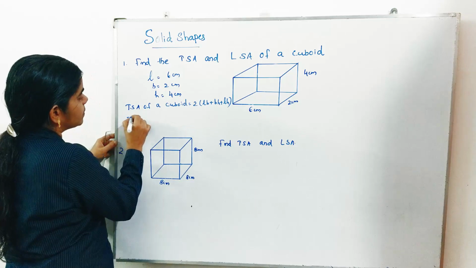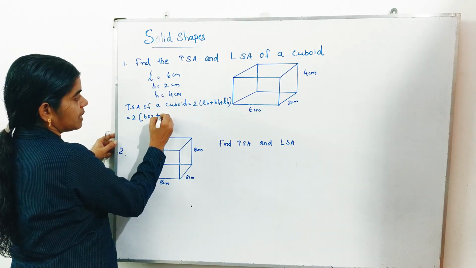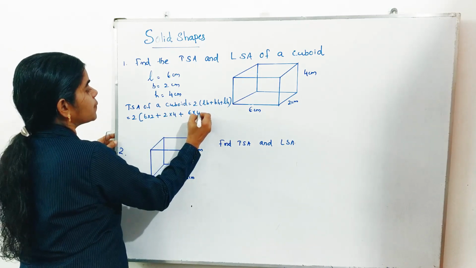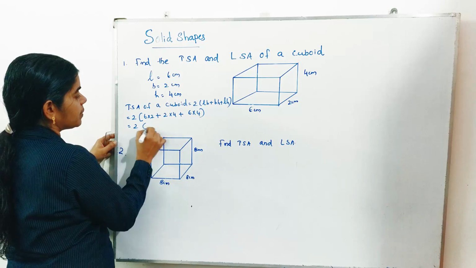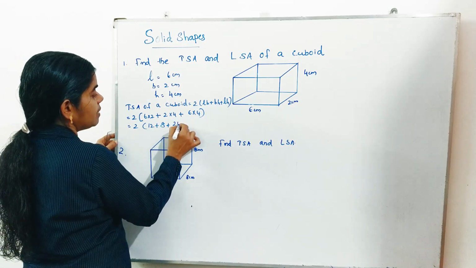Then substitute the values. 2 into L into B means 6 into 2, plus B into H, 2 into 4, plus L into H, 6 into 4. Then 2 into 12 plus 8 plus 24.